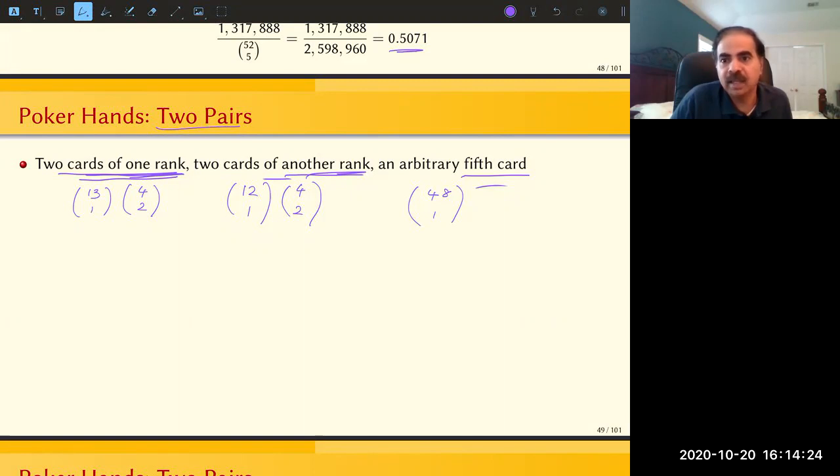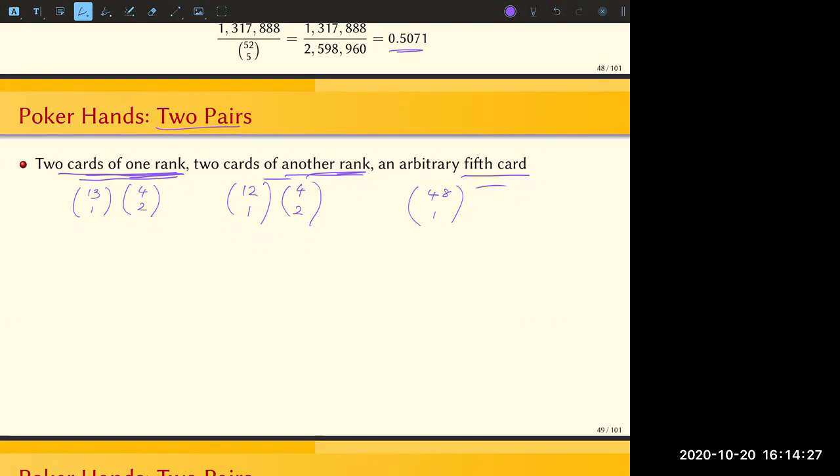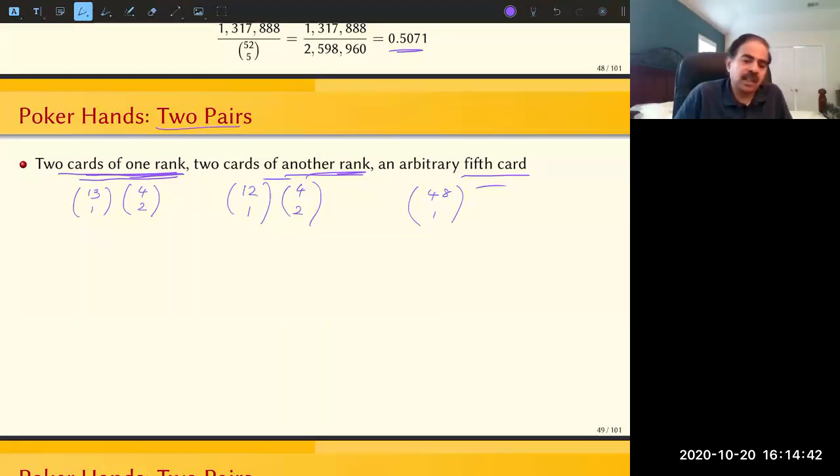Okay, so Brian. I think it's 44 instead of 48 because if it was of the same rank as one of those other two, then that would be 3 of the same rank. So your theory is that it shouldn't be one of these 2 ranks.